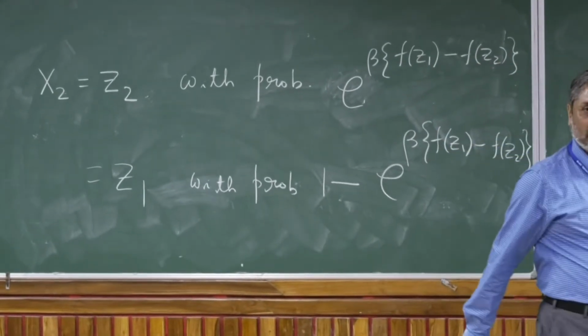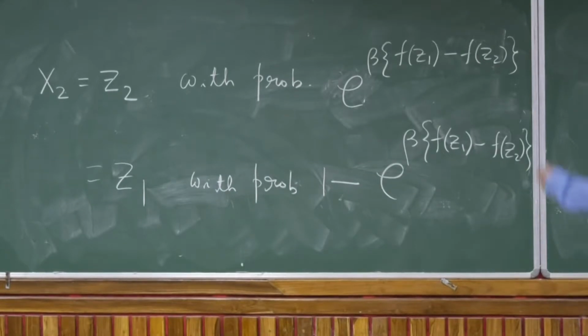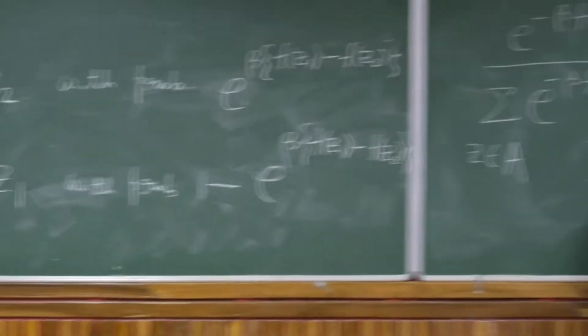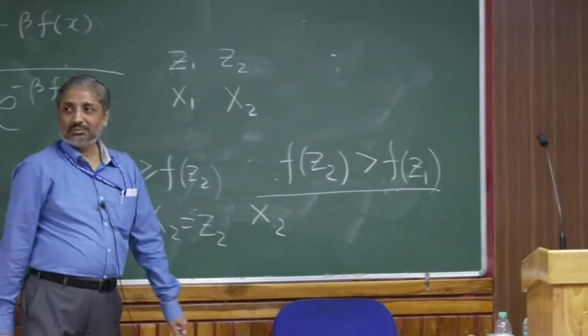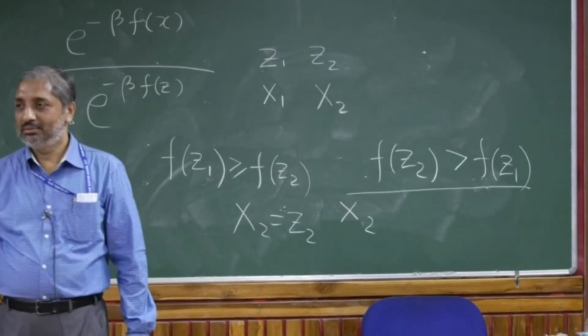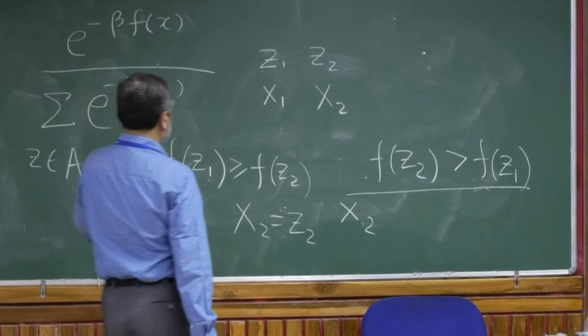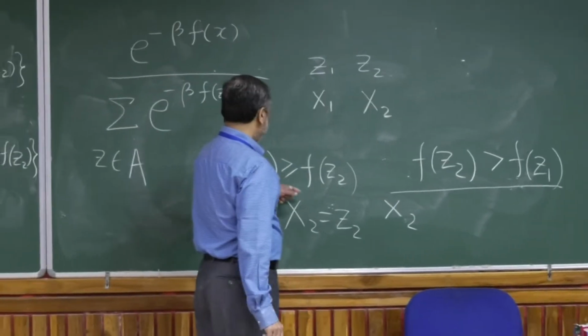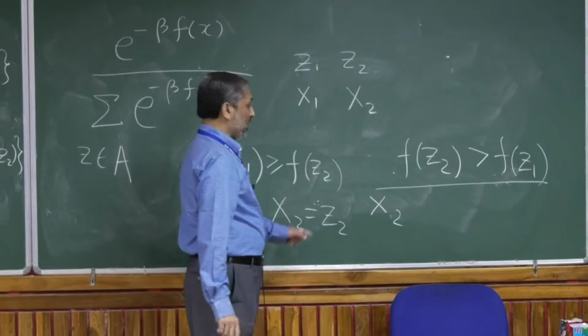That's all. So like that I construct my x2. So here comes my x2 and that comes there. So x2 may be z1, or x2 may be equal to z2, the new one.